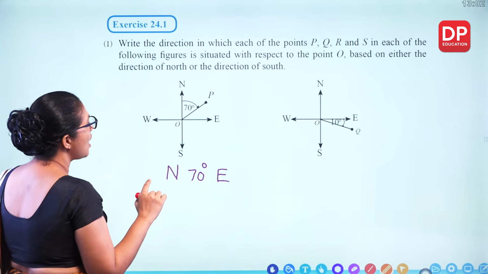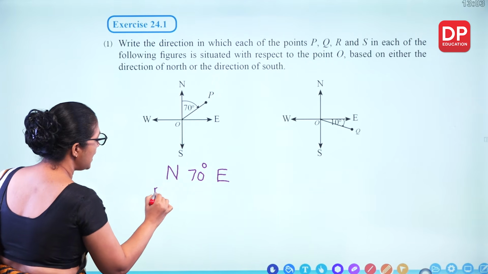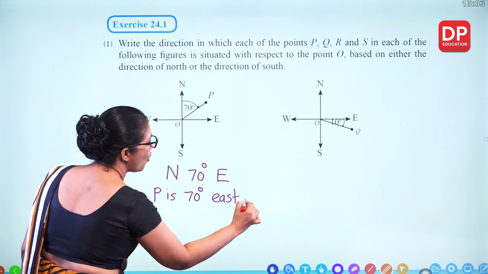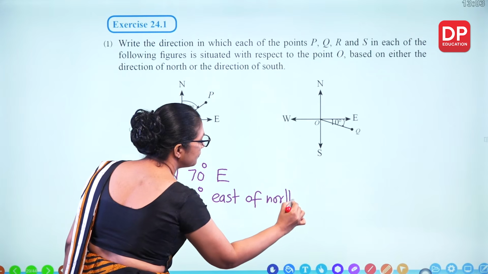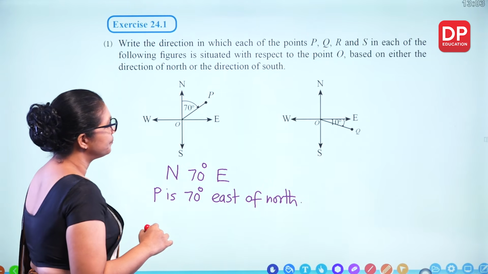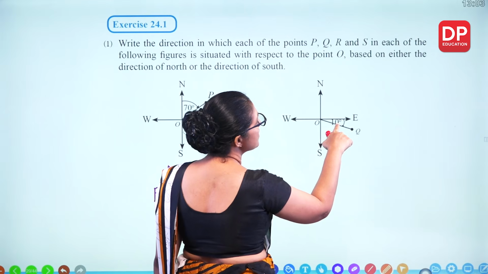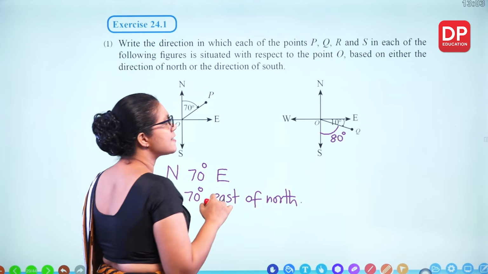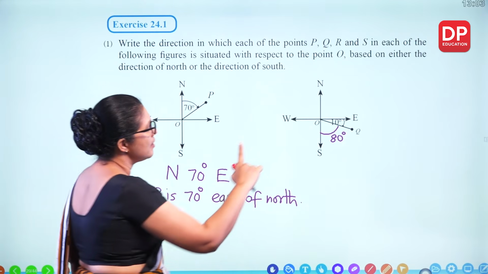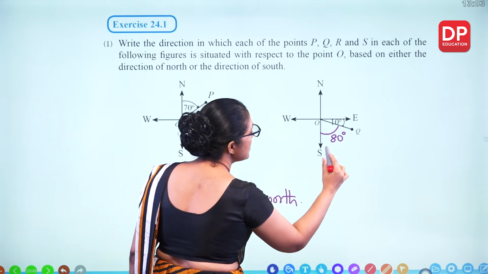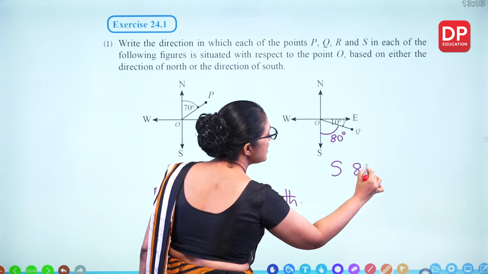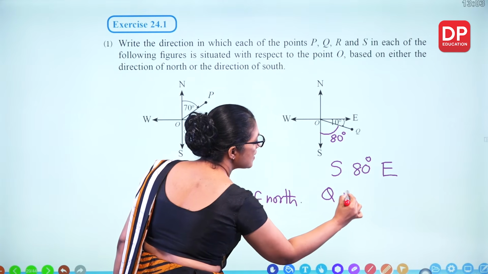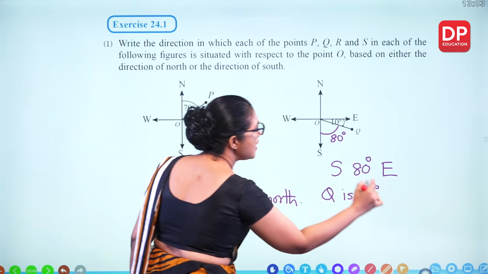If I write in words, P is 70 degrees east of north. This one, this is 10 degrees. So what is this angle? 80 degrees, 90 minus 10. Now we can use south. So this is starting from south 80 degrees towards east. Q is 80 degrees east of south.